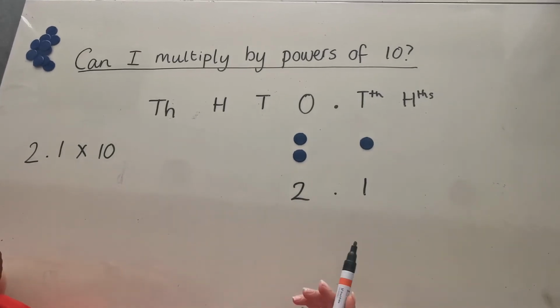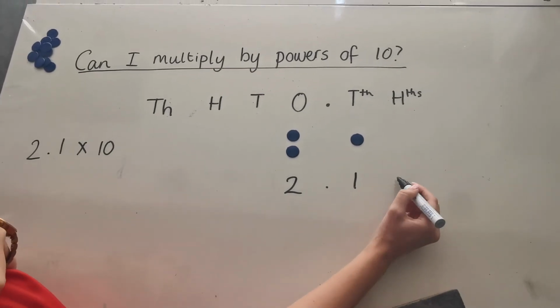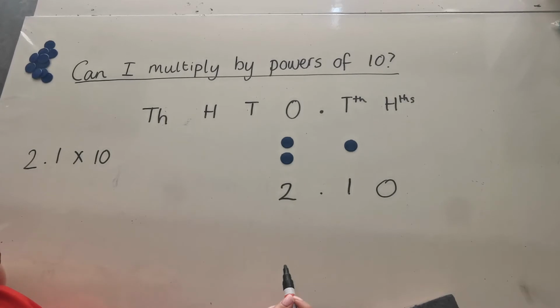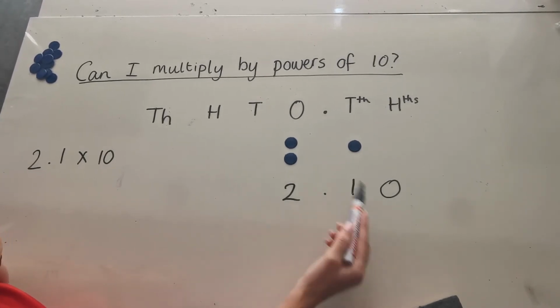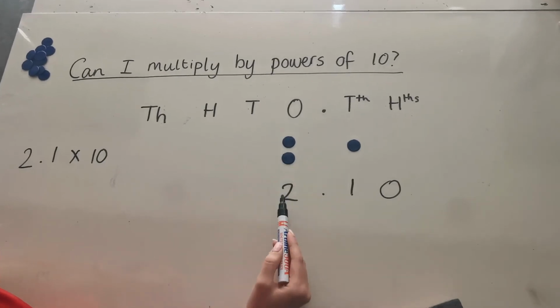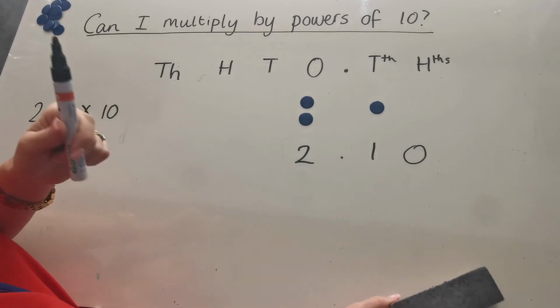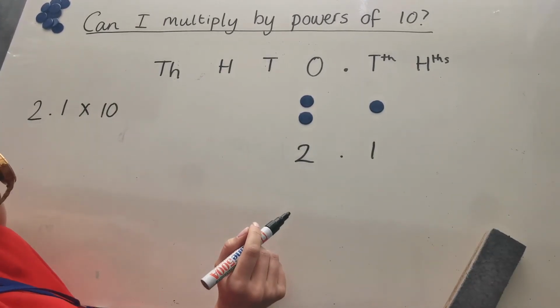I noticed that the numbers that I did before, they had an extra 0 on the end. But actually, when I do that with my decimal, I've noticed that the number hasn't changed. I've still only got 2 1s and 1/10. So that is not going to help me calculate 2.1 multiplied by 10.